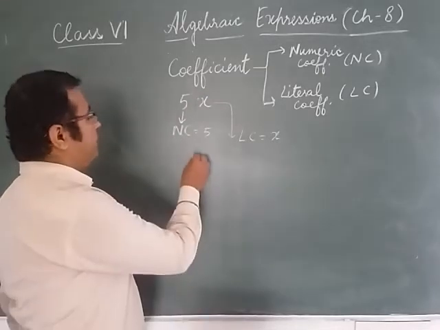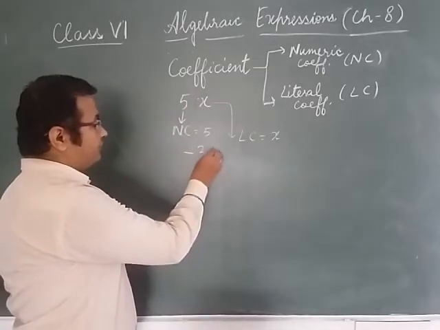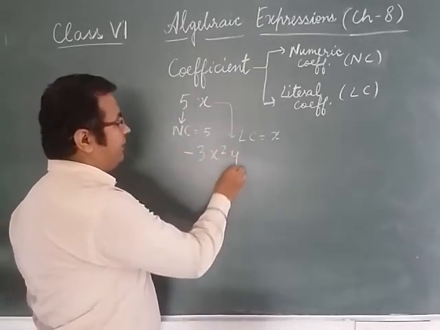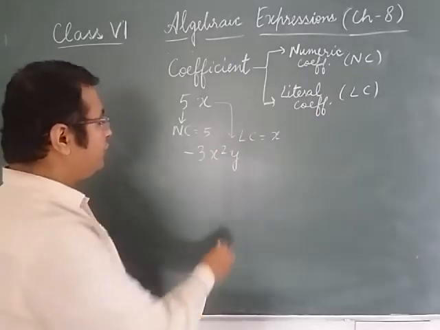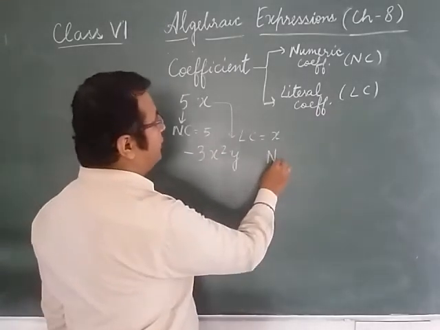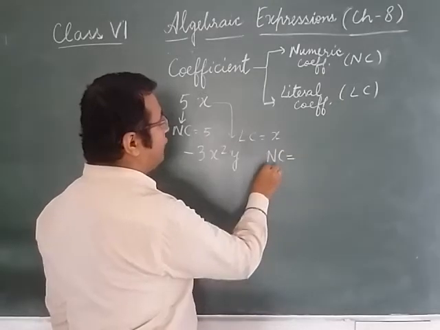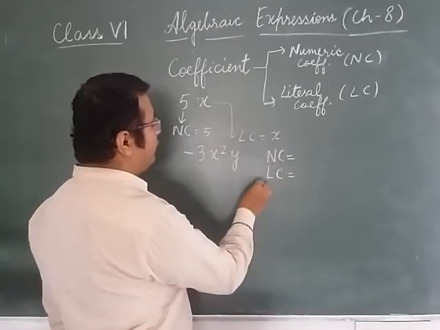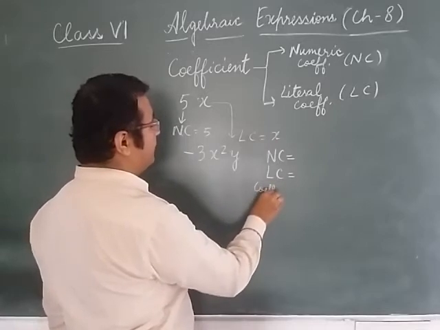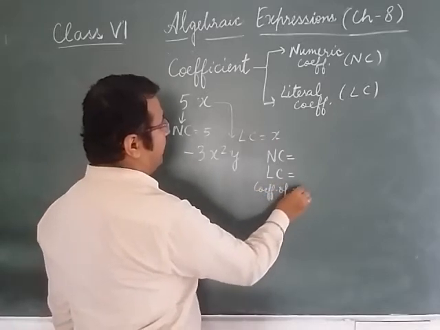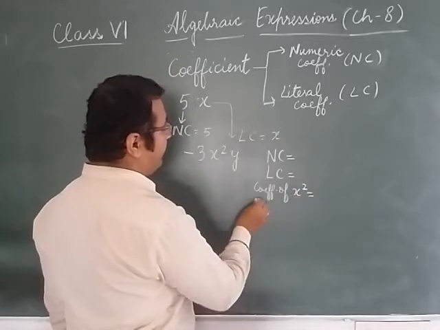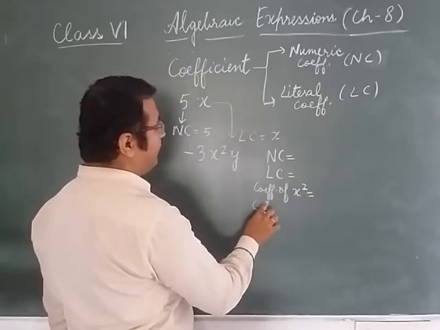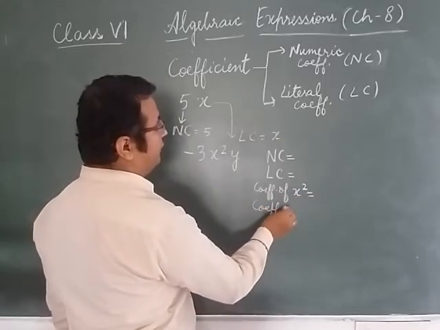Another example, suppose I have minus 3x square y. Here first you have to find the numeric coefficient, then the literal coefficient, then the coefficient of x square, and at last you also have to find the coefficient of y.